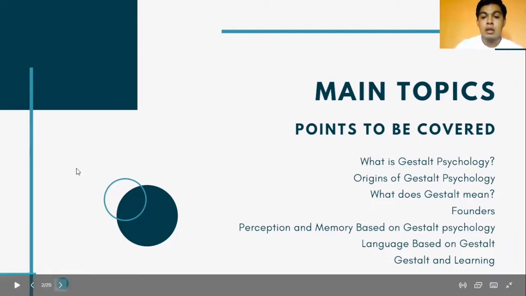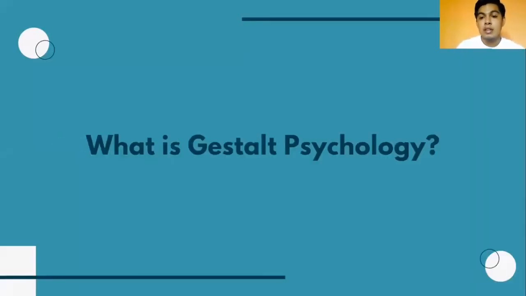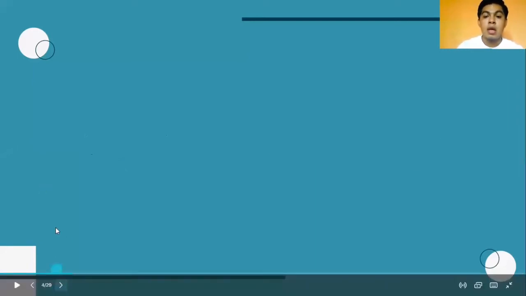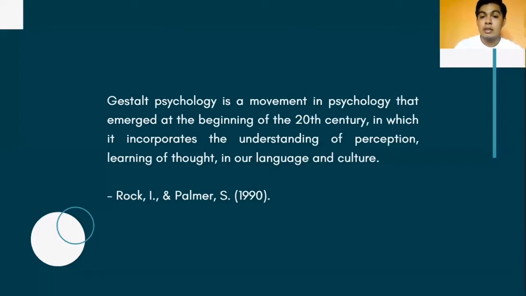So let's get started with the first topic, and this is what is Gestalt psychology. Well, according to Rock and Palmer in the 1990s, Gestalt psychology is a movement in psychology that emerged at the beginning of the 20th century, in which it incorporates the understanding of perception, learning of thought in our language, and in our culture, right?